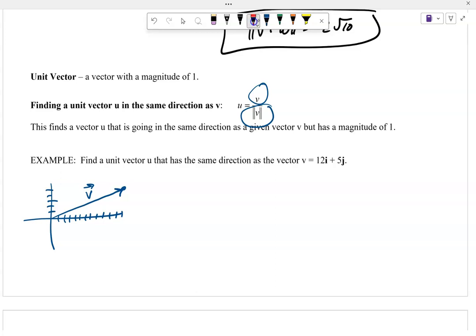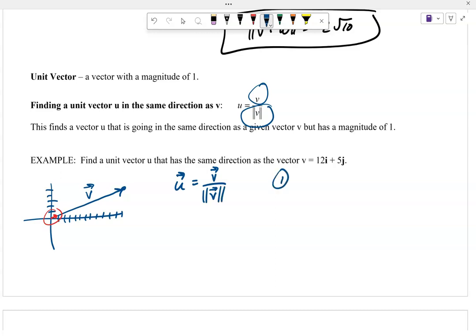It goes in the same direction, but it's only 1 unit in length, in red. So to find the unit vector, you take the original vector and divide it by that vector's magnitude.